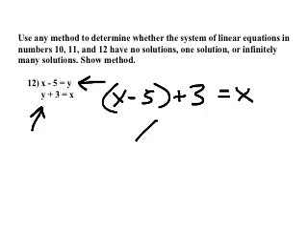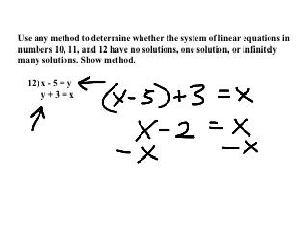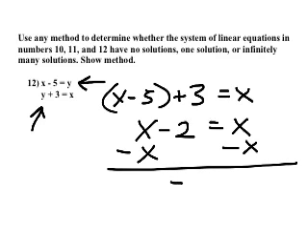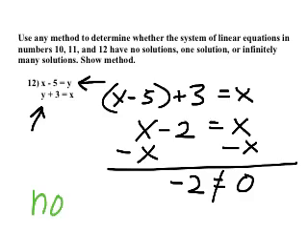So we get x minus 2 equals x. Add a negative x to both sides. And we get negative 2 equals 0. And of course the negative 2 does not equal 0, never is going to equal 0. This will never work. So no solutions. We don't have to go any further.